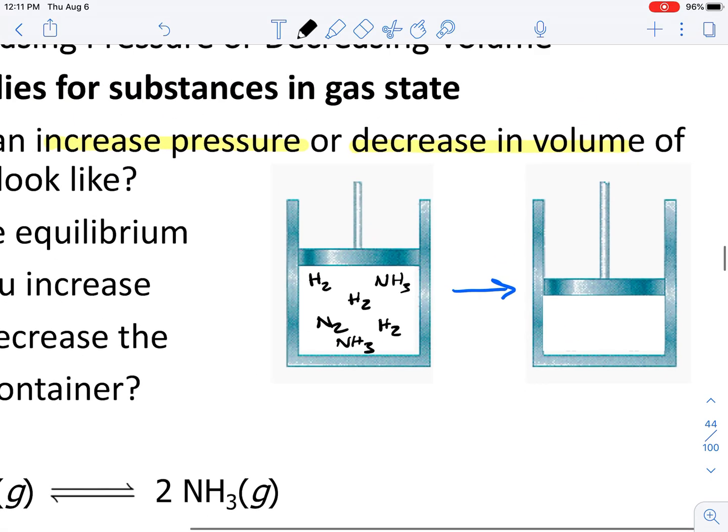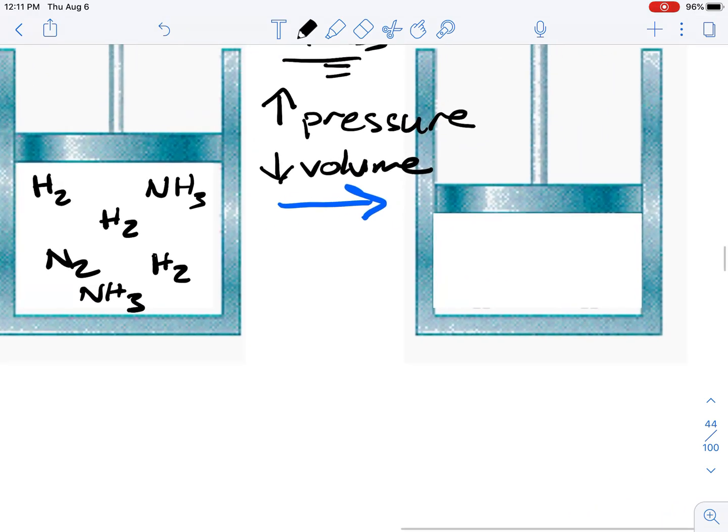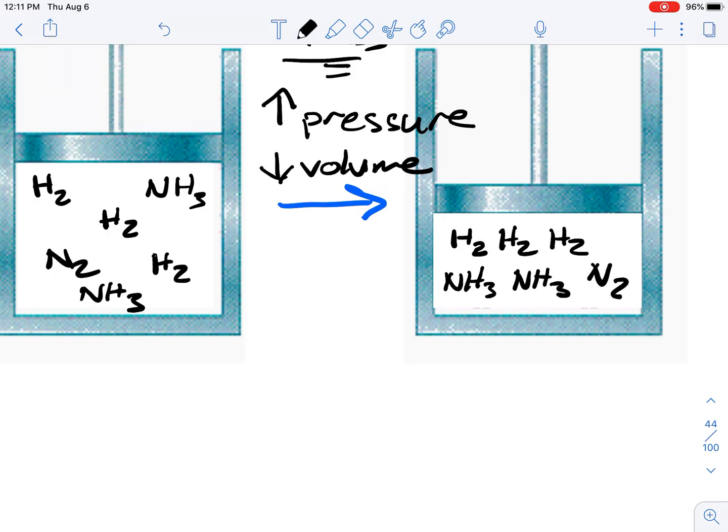And so what we're going to do is we're going to increase the pressure. So this is the stress that's being applied. And we're inadvertently decreasing the volume when we increase the pressure. And so we still have the same number of particles. And so if you look, here we have 3 H2s. We have 2 NH3s. And here we have an N2.